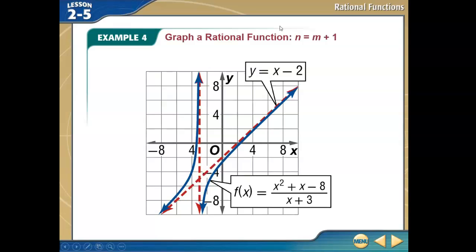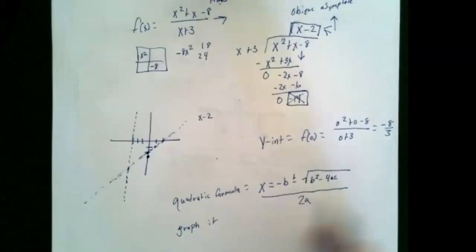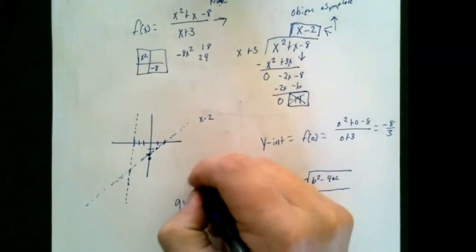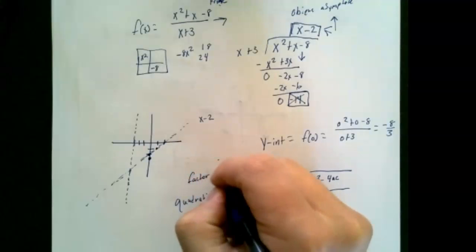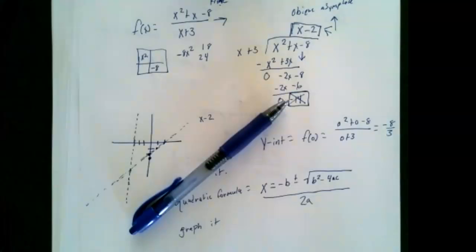Okay, that was just a very difficult question, but that's in the event that those are prime. You can use the quadratic formula and find the zeros that way, or you can graph it, but the first option is to factor it. Okay.